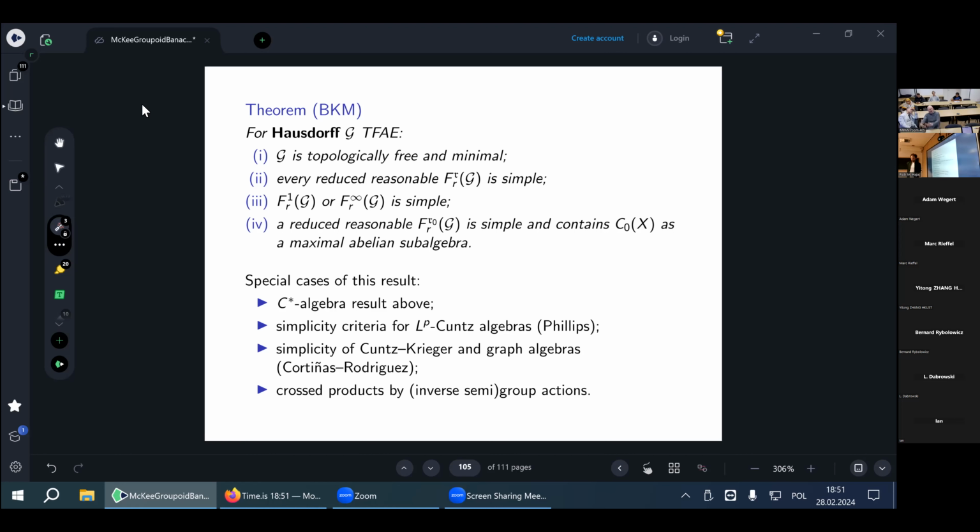We didn't think about that at all. Maybe we would like to. It would be nice to have some functoriality statement. Sure. I don't know how realistic it is.